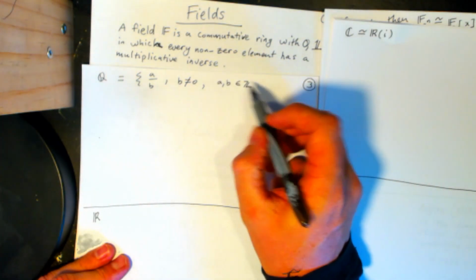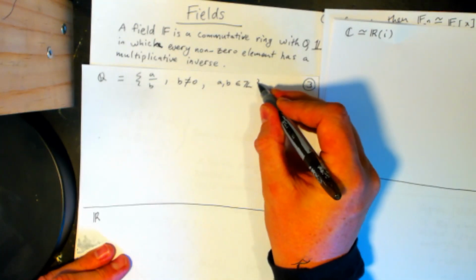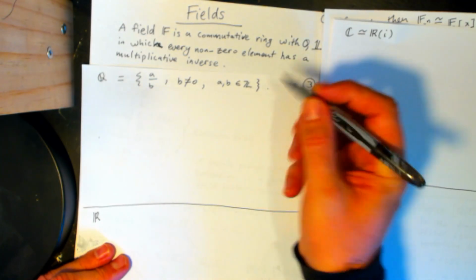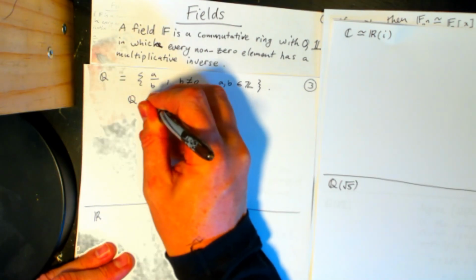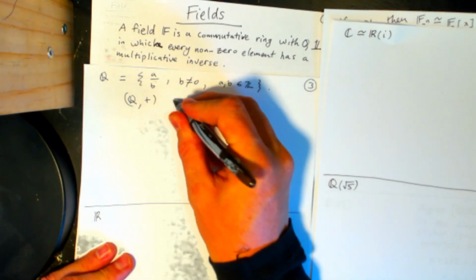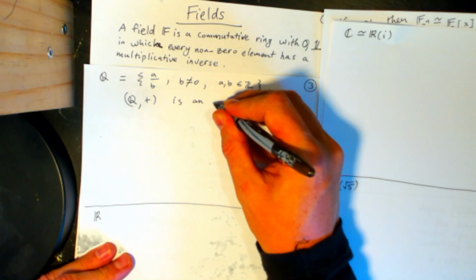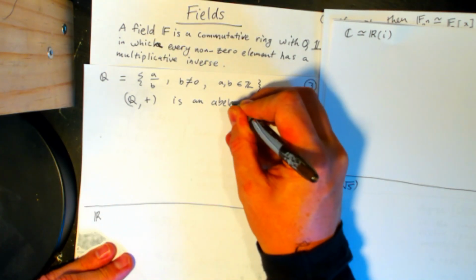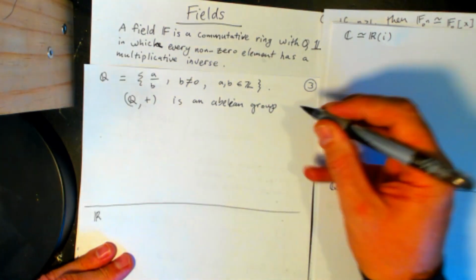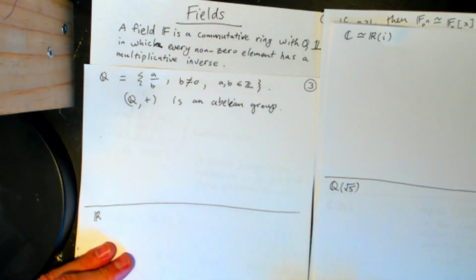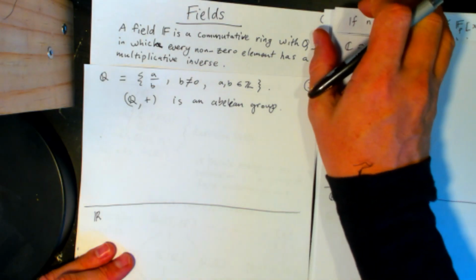Okay, so this is our set. Now we know that Q together with addition is an abelian group. Okay, and we've talked about this in our previous sessions on groups and rings.